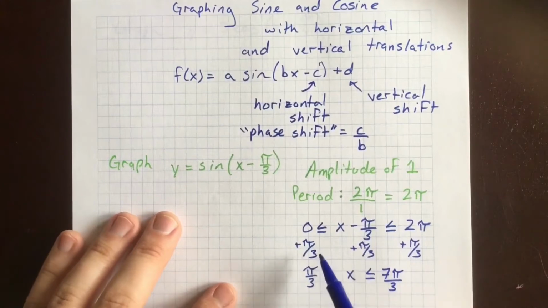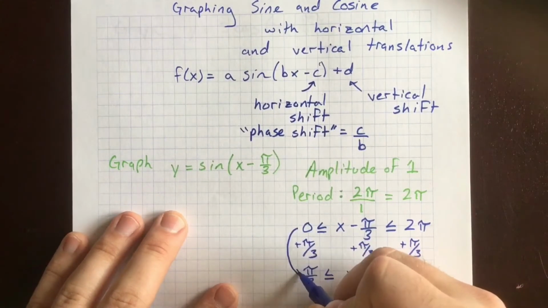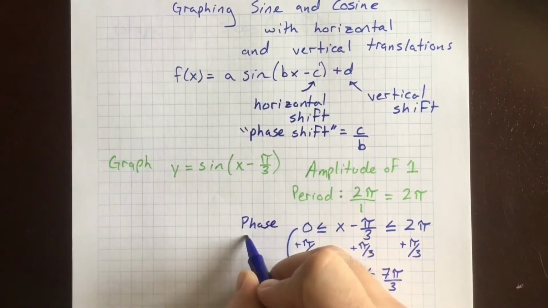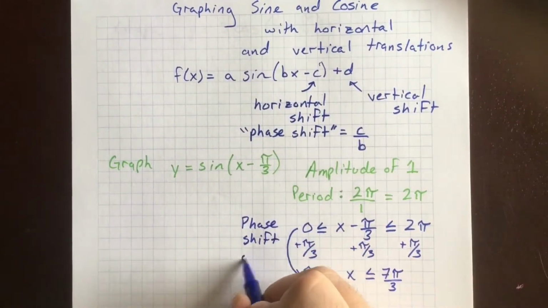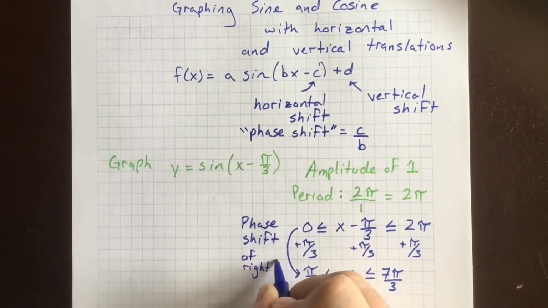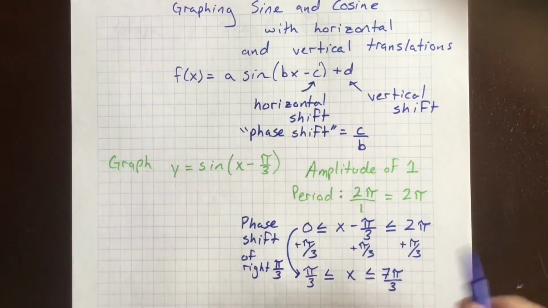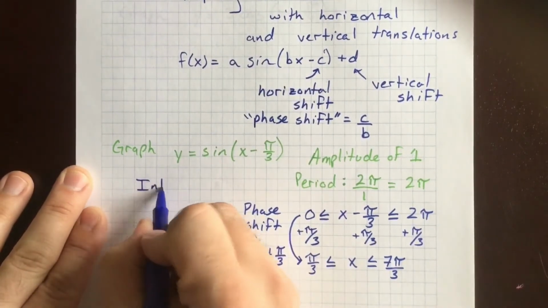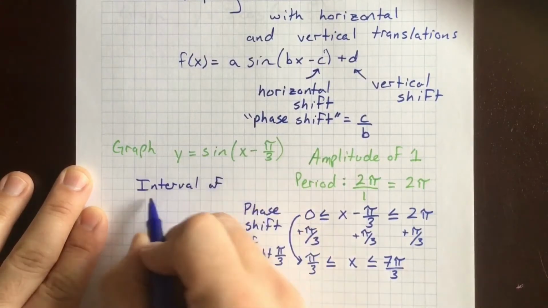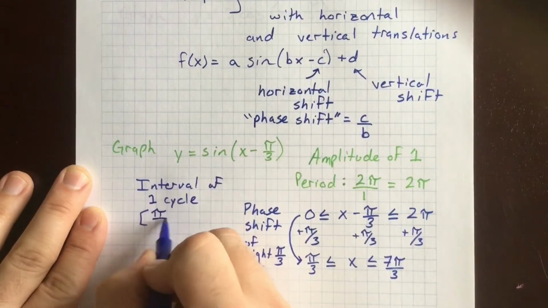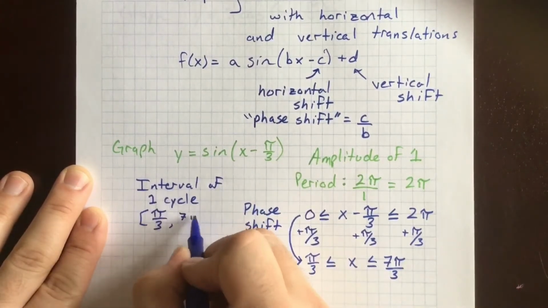So now, going from 0 to pi over 3, we can see that we have a phase shift of right pi over 3. So that's how we're seeing a phase shift of going right pi over 3. Our interval of one full cycle will be pi over 3, comma, 7 pi over 3.